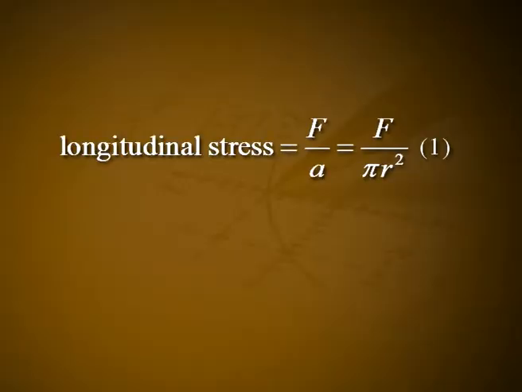If a wire of length L and radius R is subjected to equal and opposite forces F, thereby increasing its length by delta L, then longitudinal stress is equal to F divided by A, which is equal to F divided by pi r square. Let it be equation number 1.